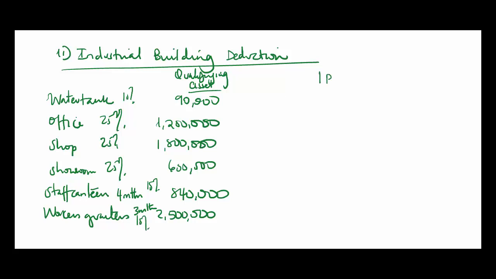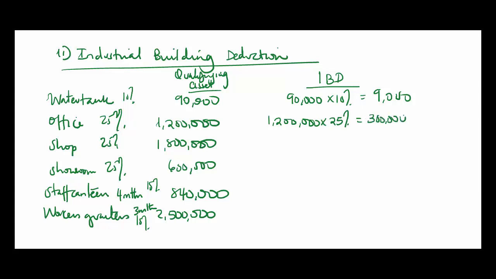So the industrial building deduction will be for the water tank, 90,000 times 10%, which gives you 9,000. For the office, 1.2 million times 25%, which gives you 300,000.